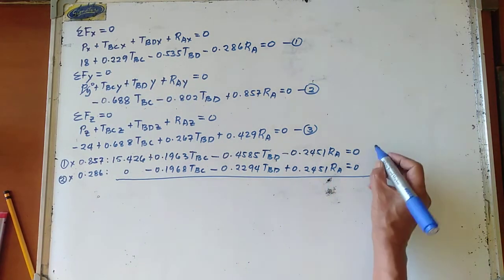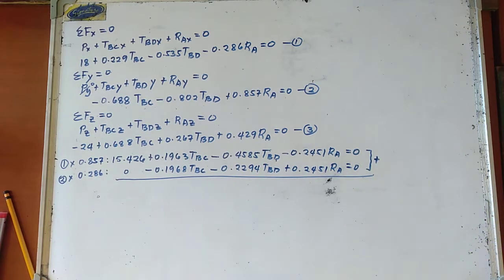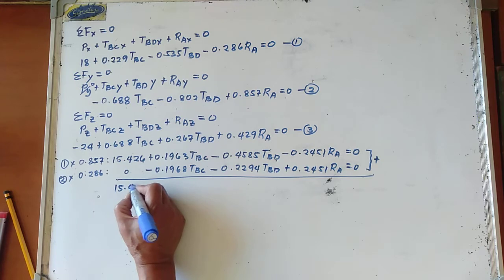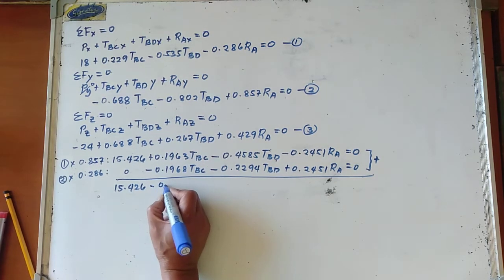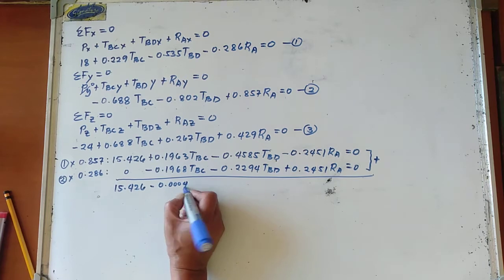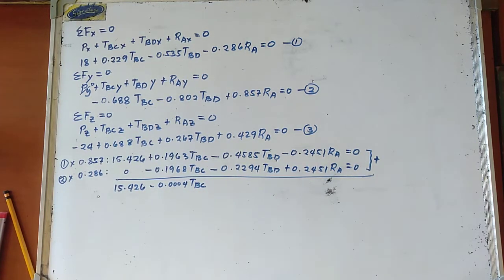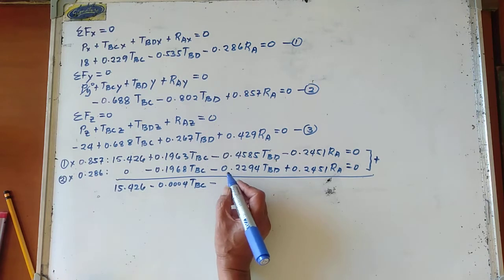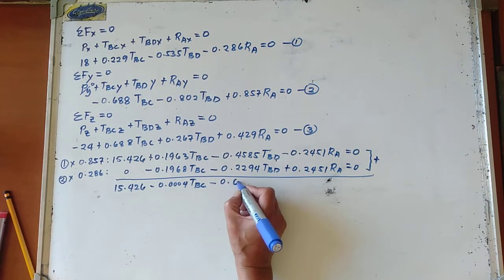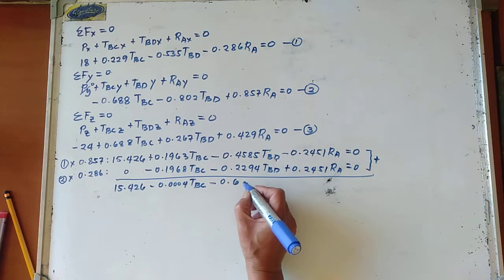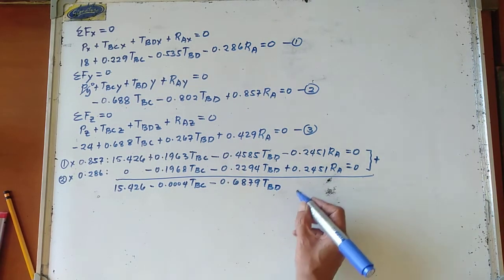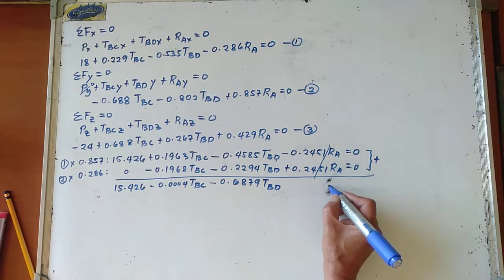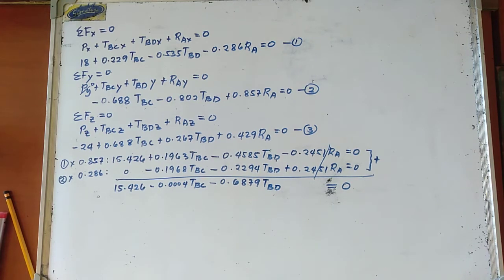So if you try to add the two equations, so we have 15.426 minus 0.0004 T sub BC minus 0.6879 T sub BD, that is equal to 0.